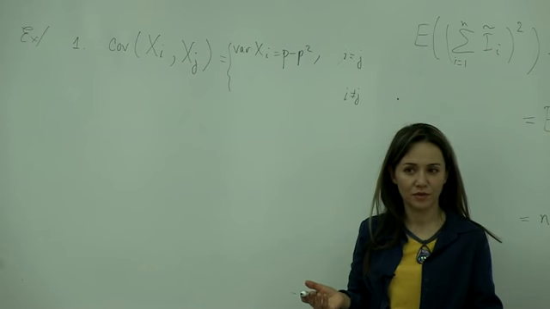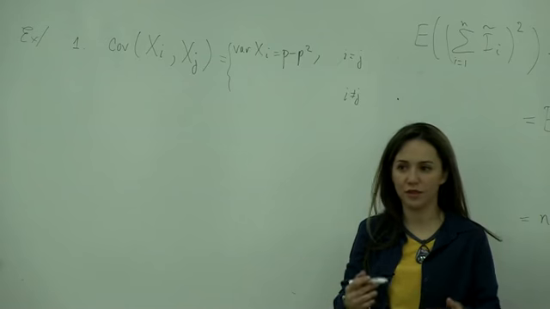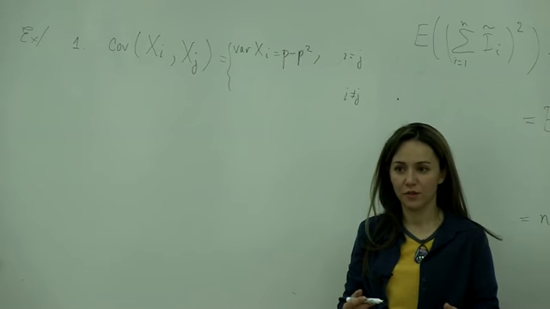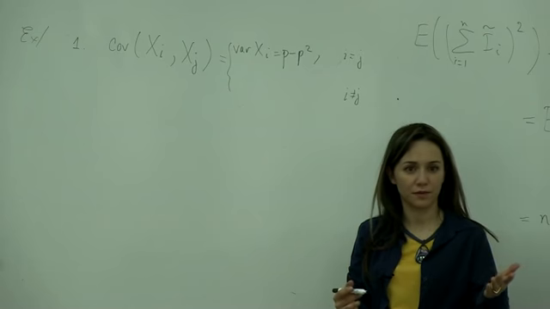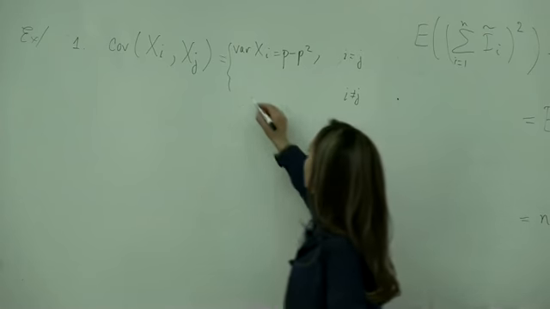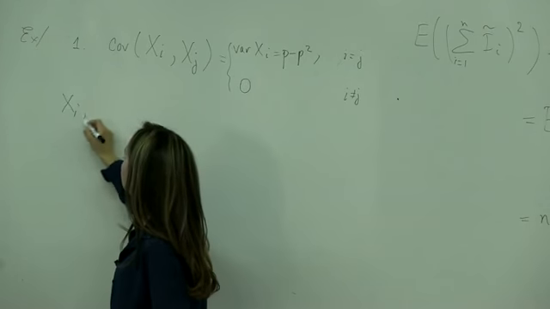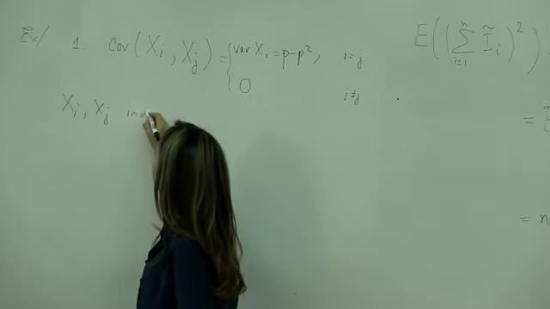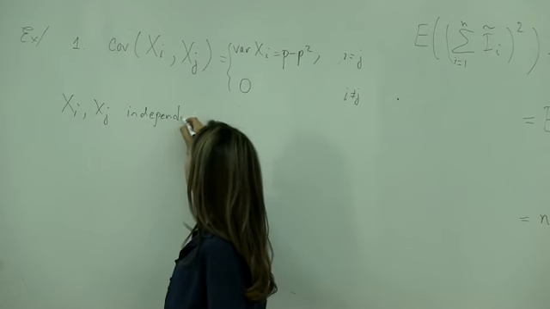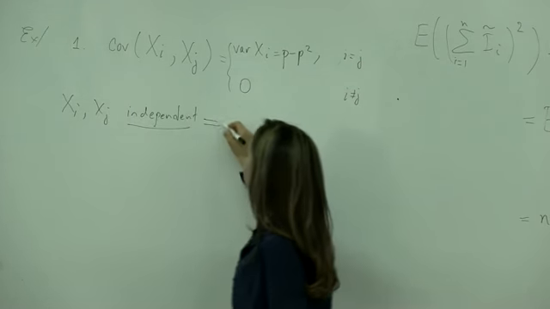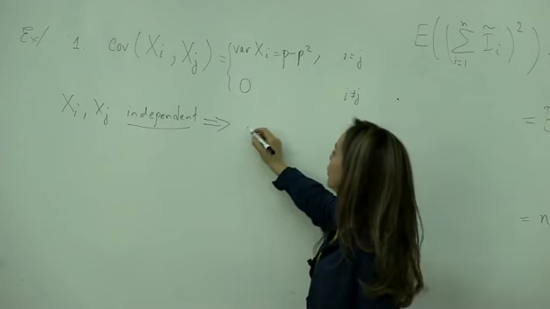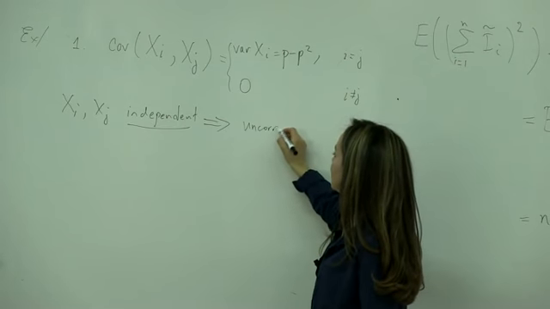So they are uncorrelated, which means the correlation is 0. Xi and xj are independent. That's given in the question. This means that they are uncorrelated.